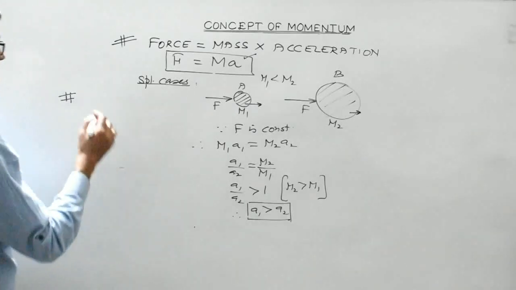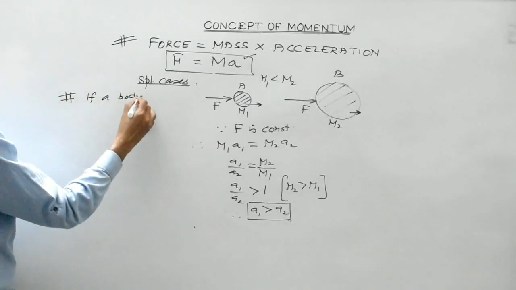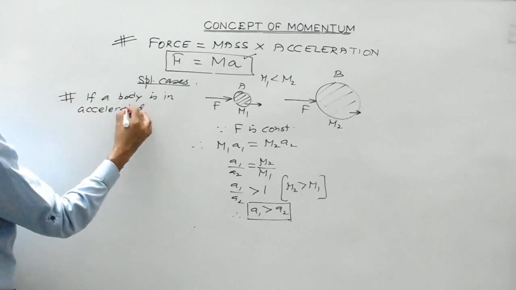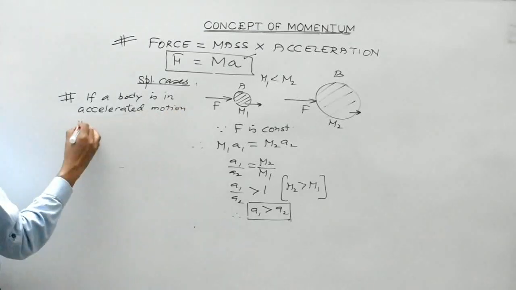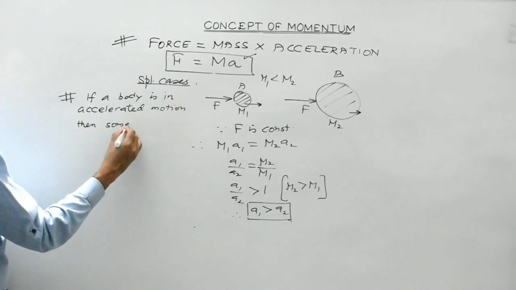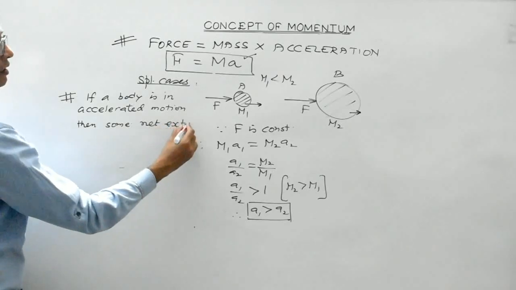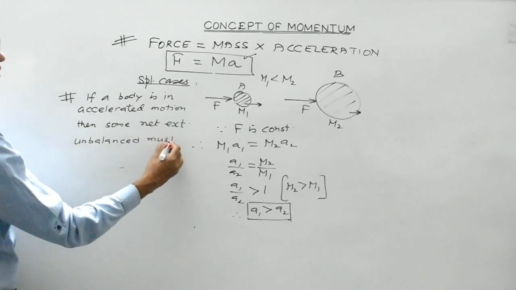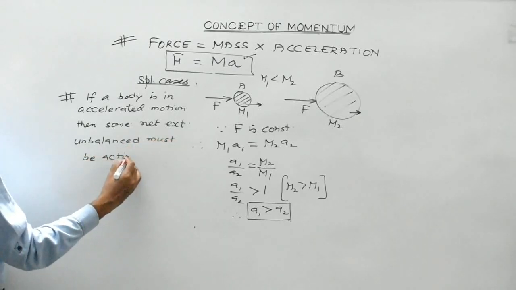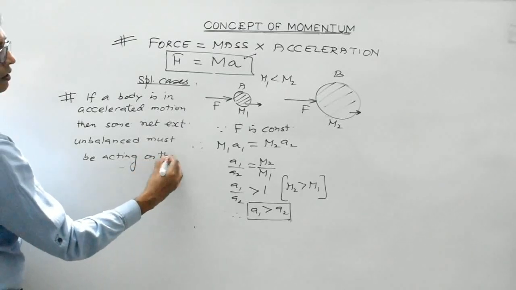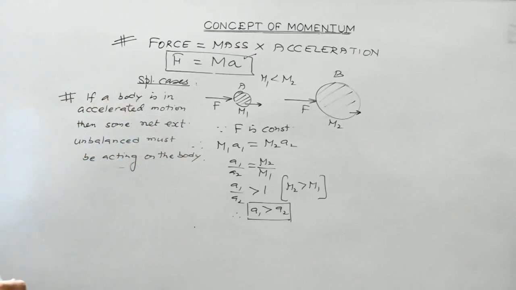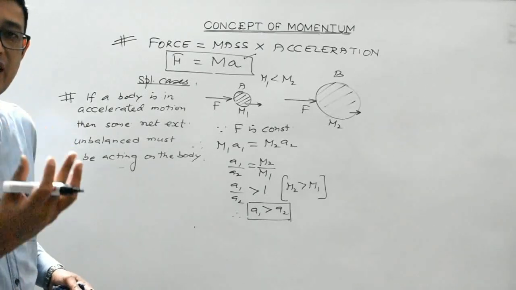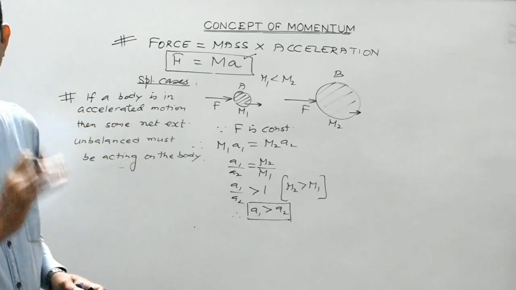So it is clear that if a body is in accelerated motion, then some net external unbalanced force must be acting on the body. This is a very, very important conclusion. Whenever a body is in accelerated motion, it clearly suggests that some force must be acting on the body.